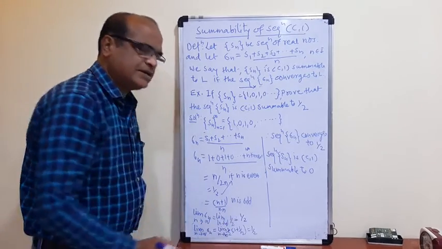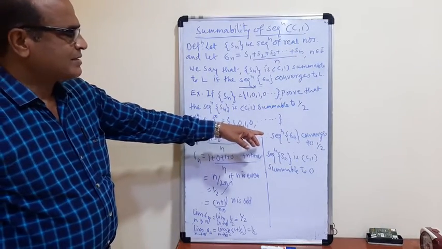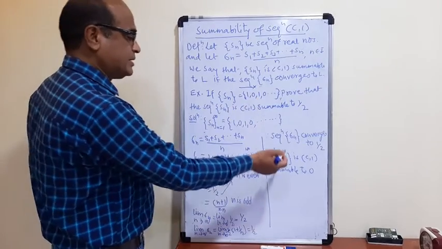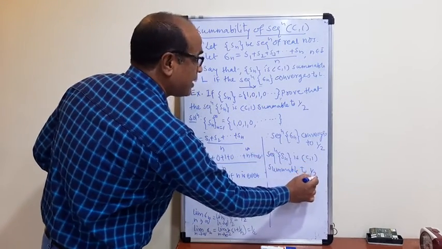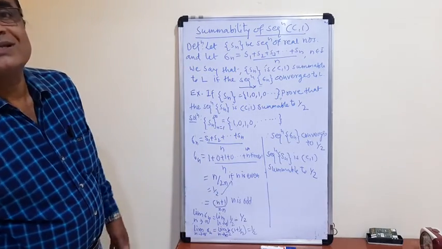In both cases we get the same limit, 1 half. Therefore the sequence sigma n converges to 1 half, so the sequence is C1 summable to 1 half by the definition of summability of a sequence.